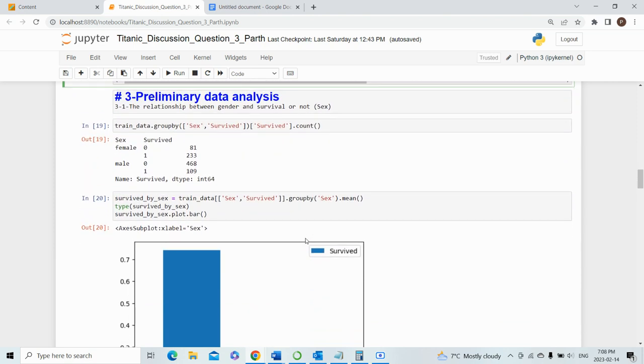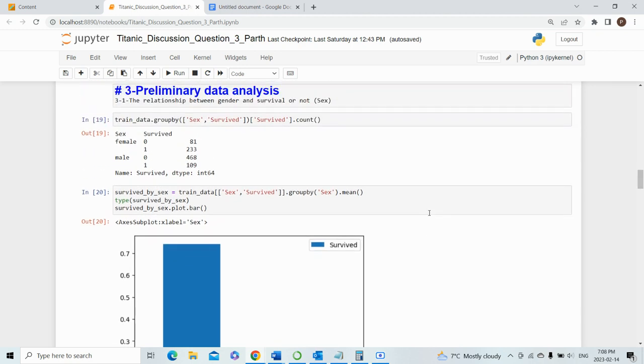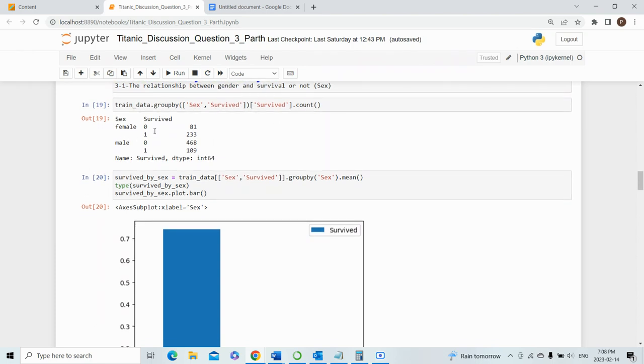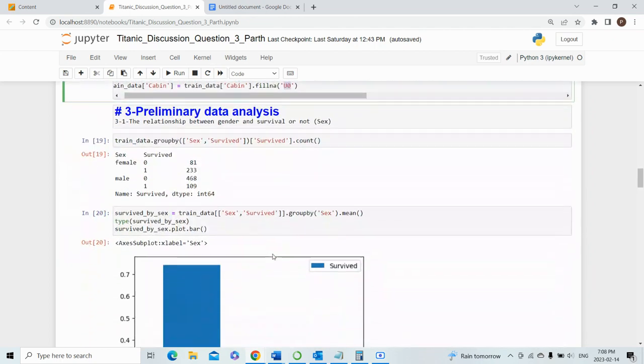Now going on to the third step, which is preliminary data analysis. Here I will show you another model, predictive models, which will be done through linear and logistic regression, correcting myself here. You see the training data, which is divided by gender and by people who survived. Zero, as I said before, is people who survived, one is people who did not.